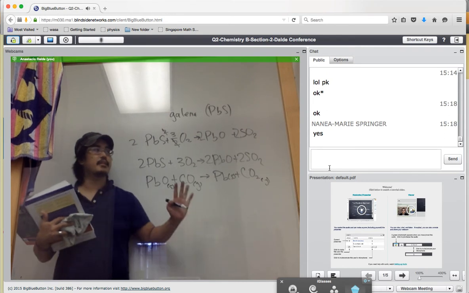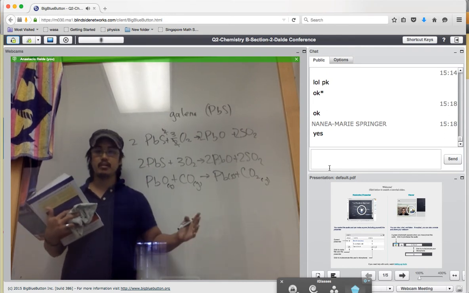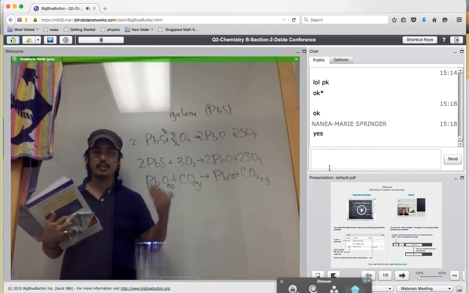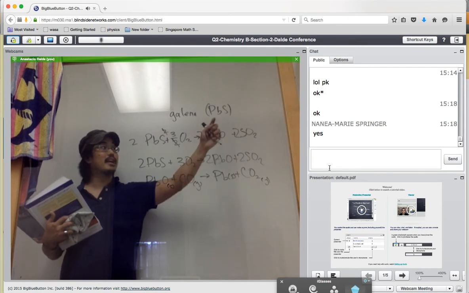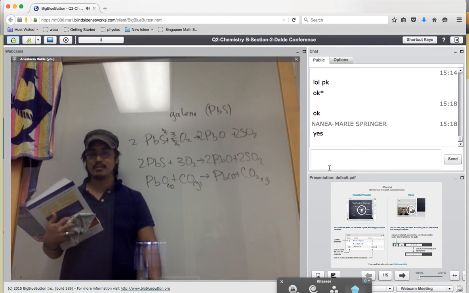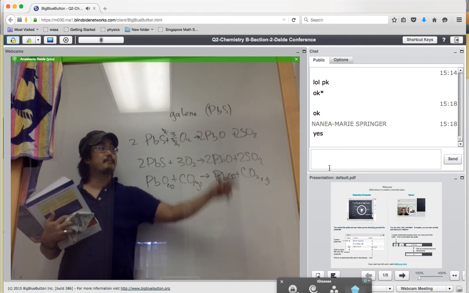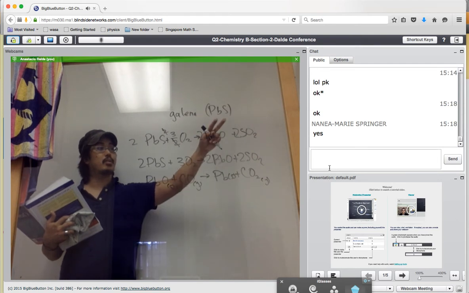So, check this out. Apparently in metallurgy, I want to have pure lead to make my car batteries. But the stuff I pulled out of the ground is not pure lead. It's lead sulfide. That's a problem. So what I do is I put it in with a whole bunch of oxygen.